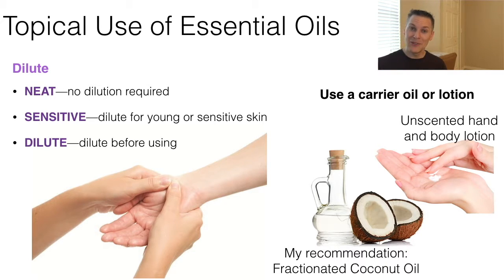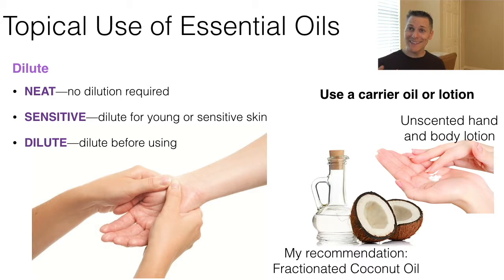Okay, let's talk about diluting. You use carrier oils or an unscented hand or body lotion. Some examples of carrier oils are jojoba oil, grapeseed oil, and coconut oil. Most people find the absolute best oil for diluting is fractionated coconut oil. It's basically oil without the strains of proteins in there, which means that it stays liquid at room temperature.